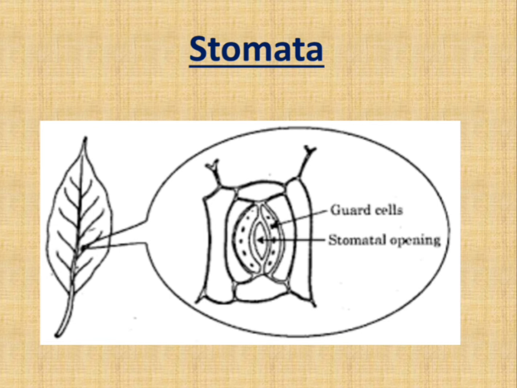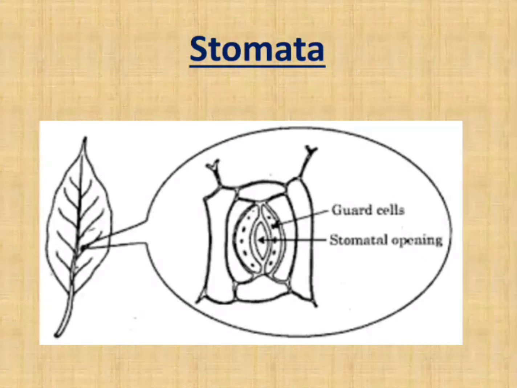Students, observe the structure of stomata. Stomata are surrounded by a pair of bean-shaped structures. They are known as guard cells. They help in opening and closing of stomata and help in the exchange of carbon dioxide and oxygen.